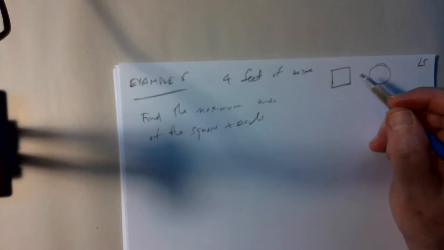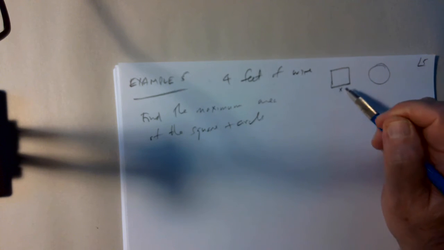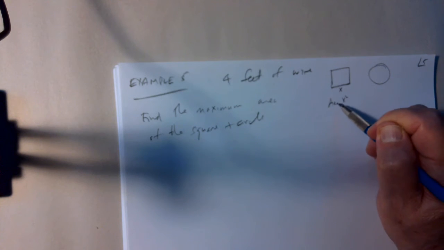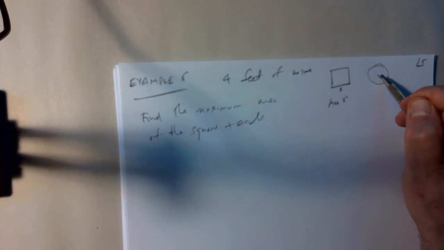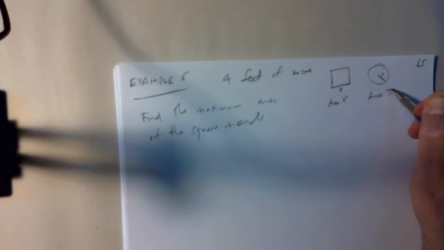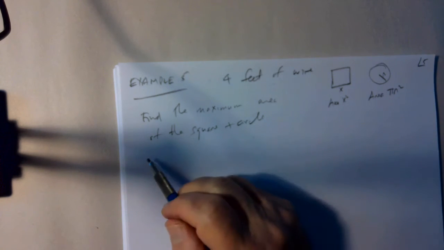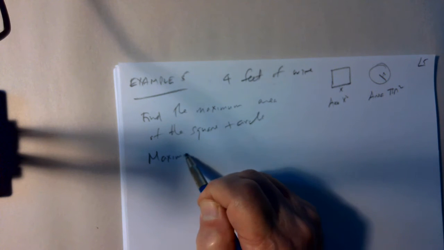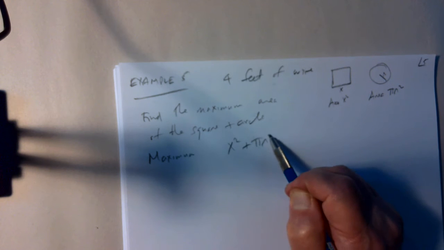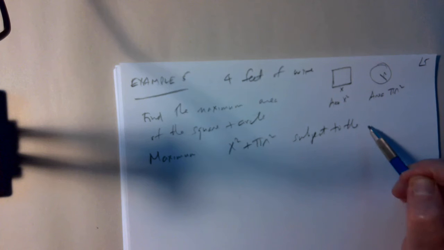So of course, you remember the formulas for the area of a square and a circle. If the side of the square is x, the area is x squared. If the radius of the circle is r, the area is pi r squared. So you want to maximize the sum of the area of the square plus the area of the circle, subject to the constraint.